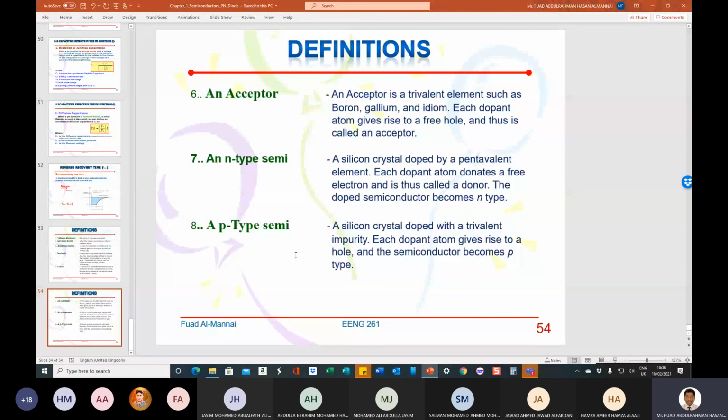This chapter is done, and it is the foundation of all the chapters, the foundation of electronics. Everybody get that? Any questions so far?